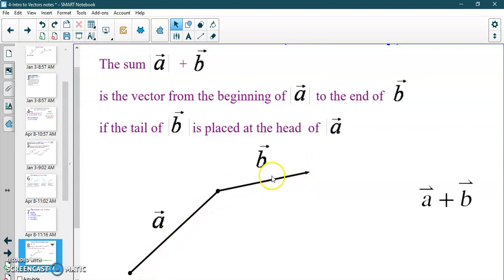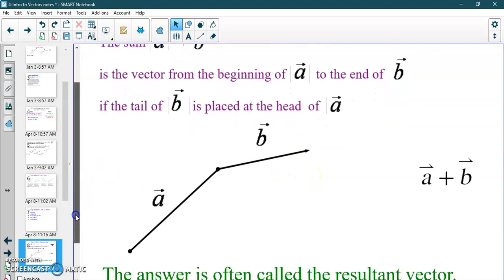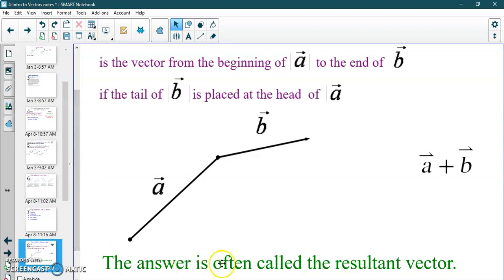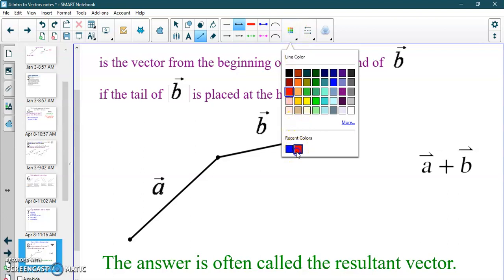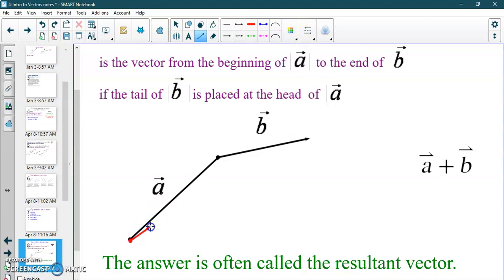Now this image that we see here does not represent vector A plus B. When we've got addition here, we're going to call that the resultant vector. This just represents these two vectors put together. So we have to create the resultant vector. Let's go red here. So that's going to be this vector right here.